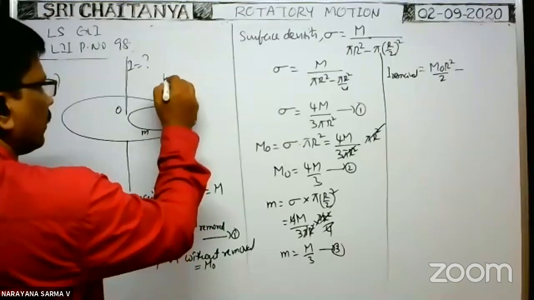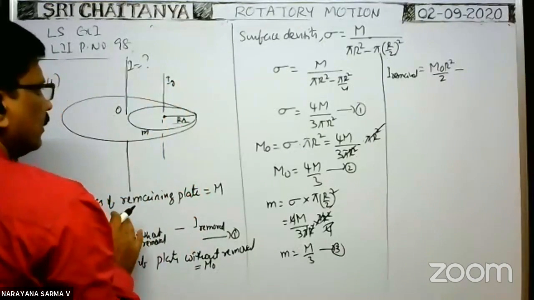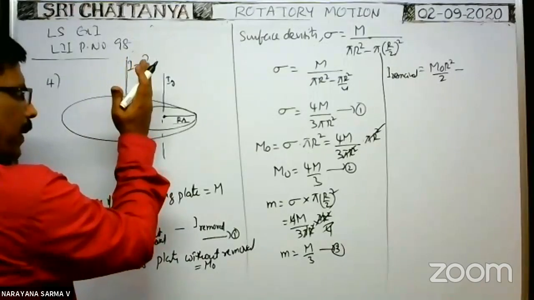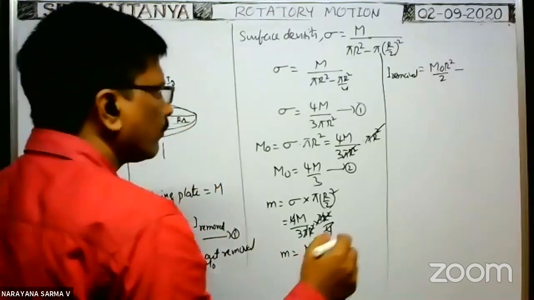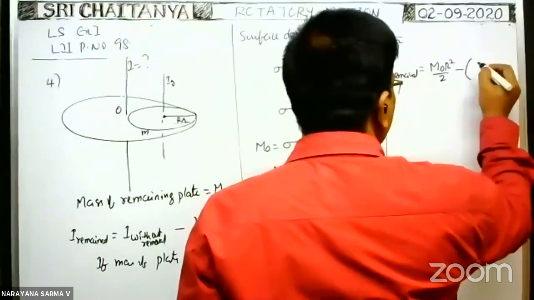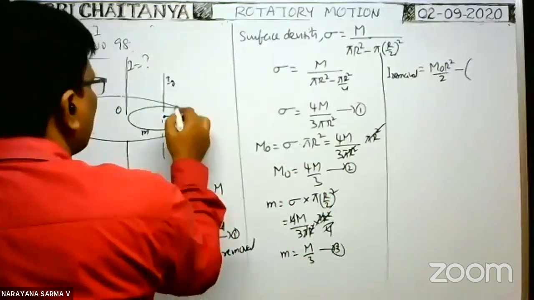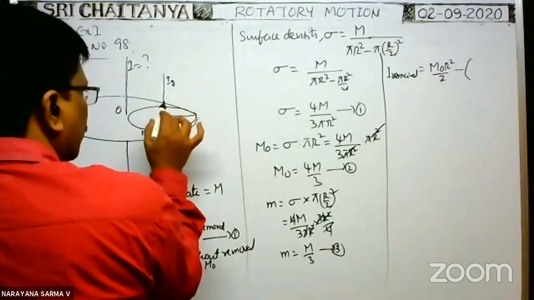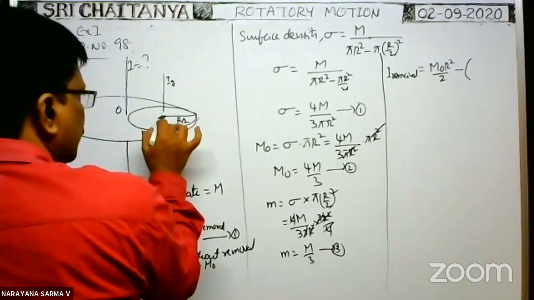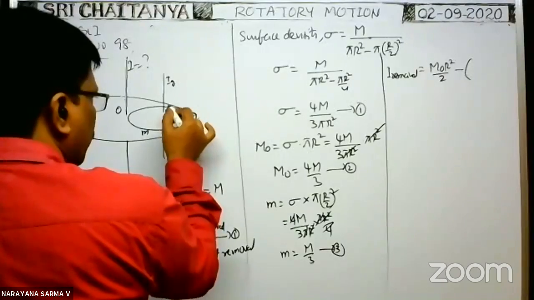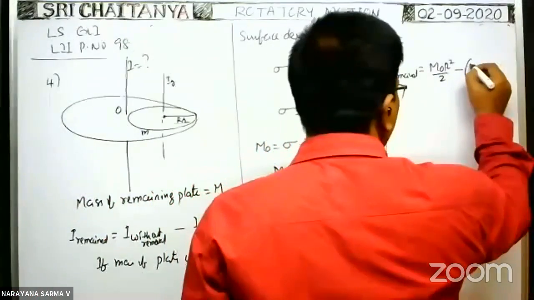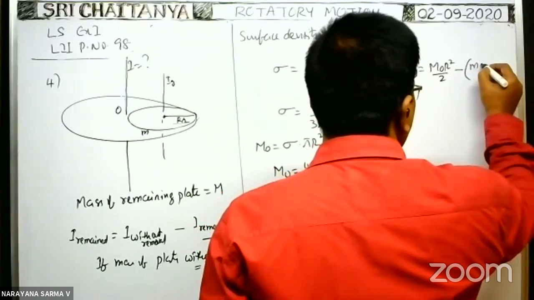We know the moment of inertia, Iz. Okay. Then about this axis, you apply the parallel axis theorem and write the moment of inertia about this axis for this removed plate. Moment of inertia of the removed part about the axis parallel to the given axis passing through center of mass is equal to mass of this part into radius, mr square by 2. So mass of the removed part is small m into radius r by 2.